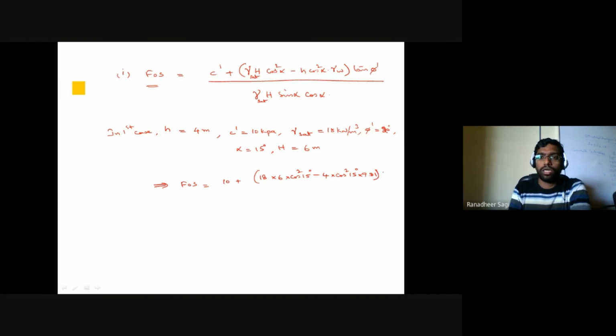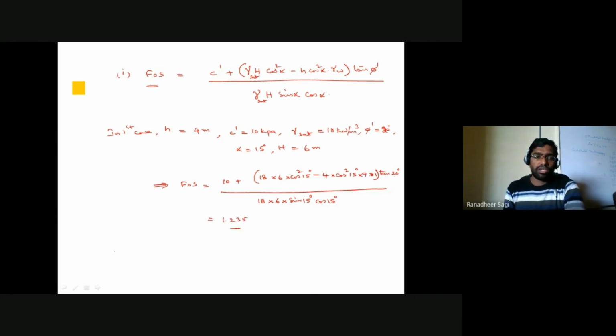This total into tan 20 degrees, all divided by gamma sat, 18, into 6 into sine 15 degrees into cos 15 degrees. This is the expression we have for the value of factor of safety. Right, so in case 1, I have got my factor of safety.